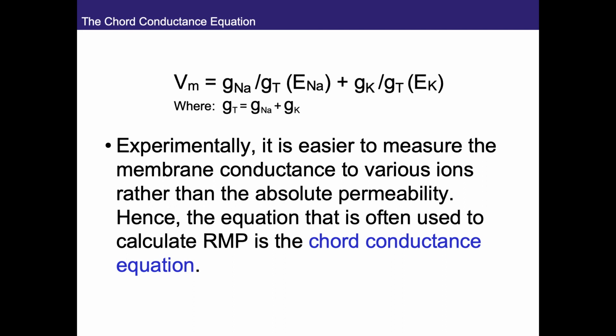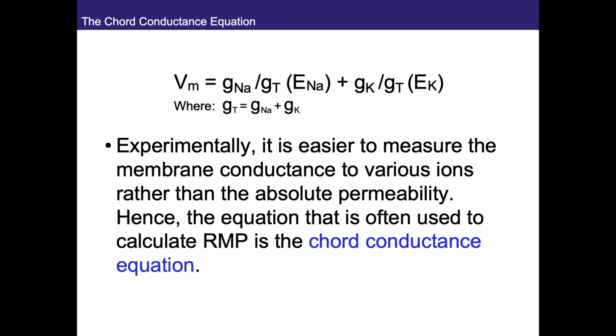You can predict the membrane potential by using the conductance for sodium over the total conductance times the equilibrium potential for sodium, plus the conductance for potassium over the total conductance times the equilibrium potential for potassium. I'll let you calculate that out.